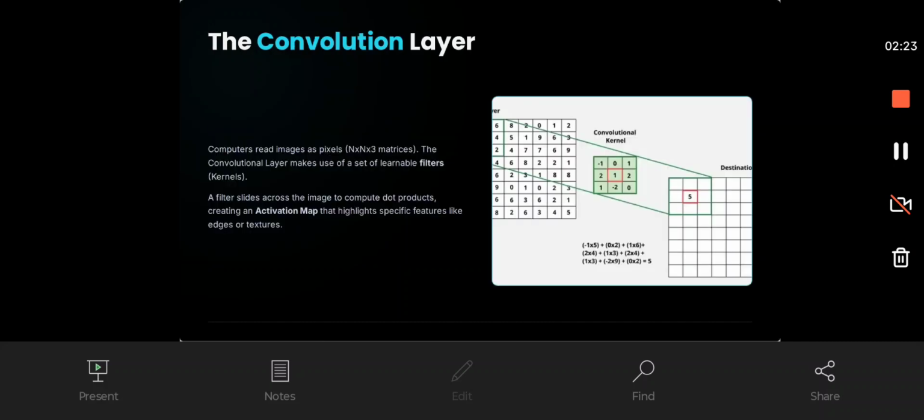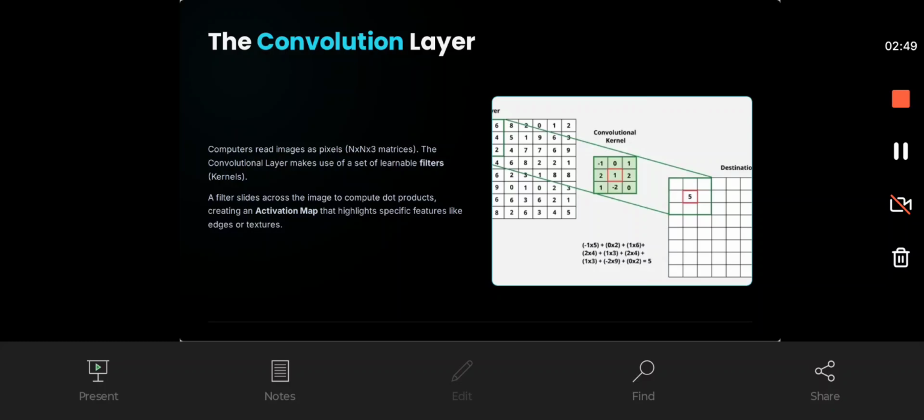Computers read images as a matrix of pixel values. For colored images, the dimensions are usually represented as n by n by 3, where 3 represents the RGB channels. The convolution layer uses filters, also called kernels, to scan across the image. The filter performs a mathematical operation called a dot product.